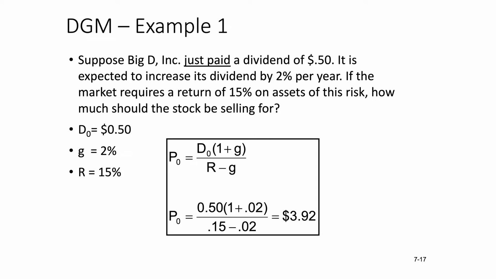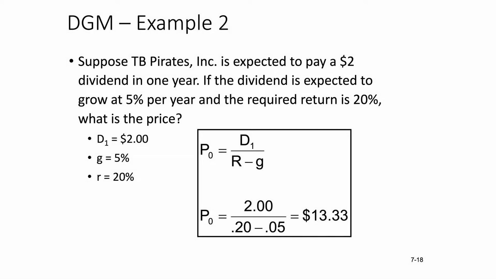Let's look at another example, example 2. Suppose TB Pirates is expected to pay a $2 dividend in 1 year. Stop here. Is the $2 dividend the last dividend or the next dividend? We know the last will be D0 and the next will be D1. Since this one is paid in 1 year, you are given D1, not D0.